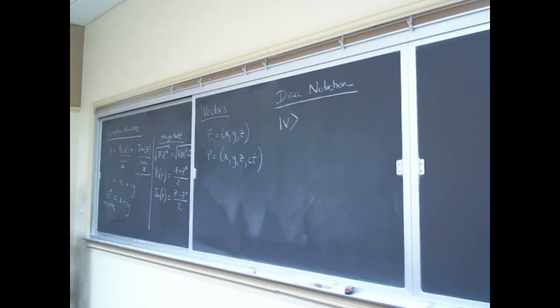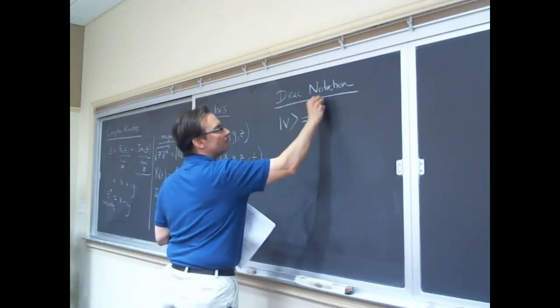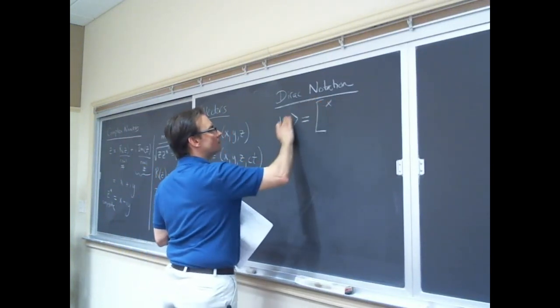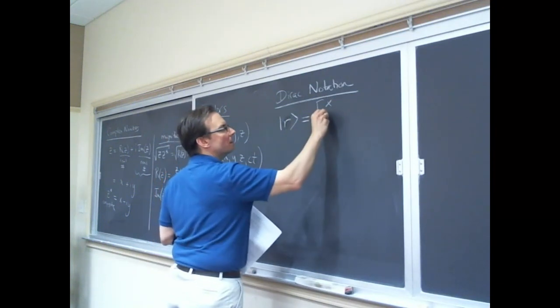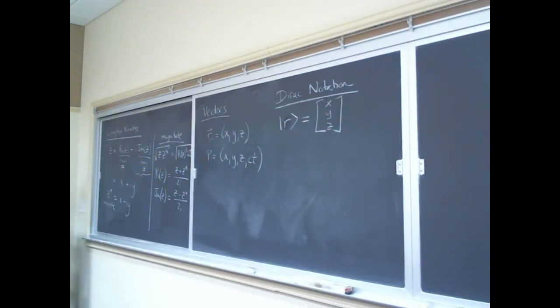This is a column vector. If we were just going to rewrite that vector R with the little vector symbol as something in Dirac notation and put it in what's called the matrix representation, in this case a column vector, that's what that notation stands for.